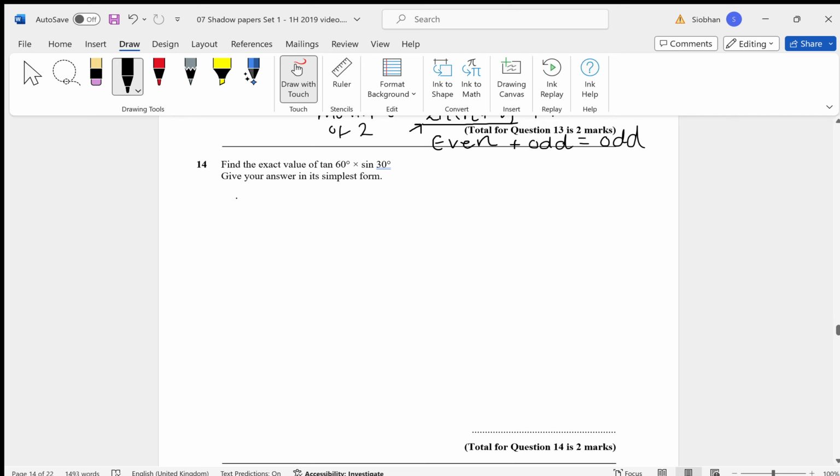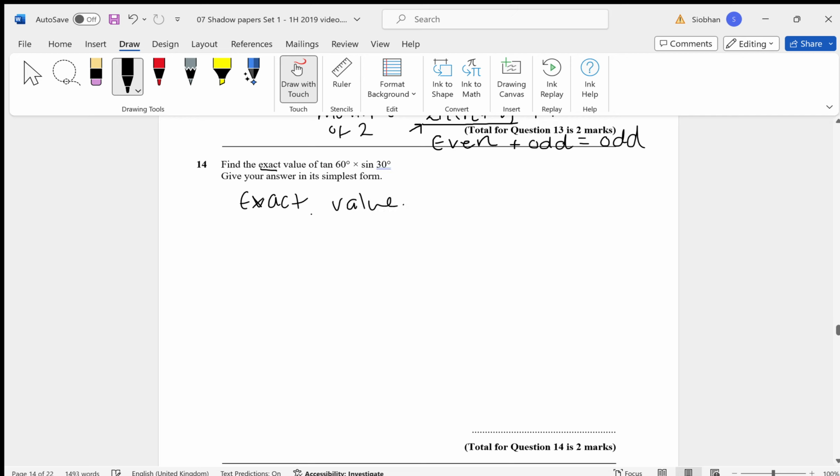So 0, 30, 45, 60 and 90 on each finger, and then there's a way of putting down fingers to work it out. So look on Maths Watch, if you just put in exact trig values, you can be shown that method, so you can do that as an extra.